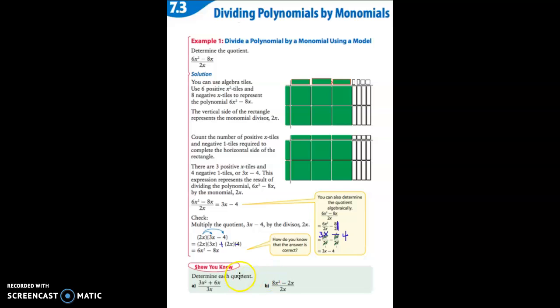All right, so let's look at these examples right here. You have 3x squared plus 6x. So you know that 3x squared, that's a square, you could divide by 3x down here, and then you add 6x divided by 3x.